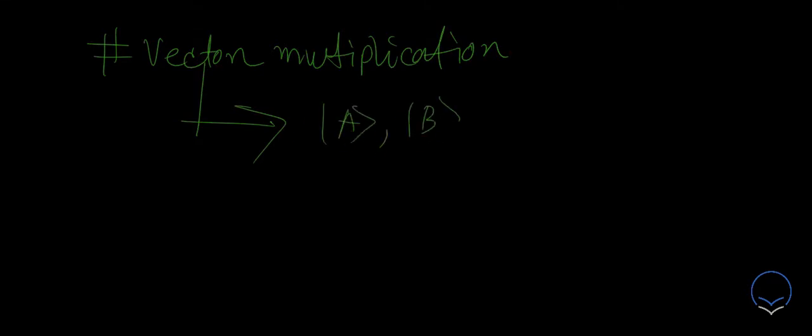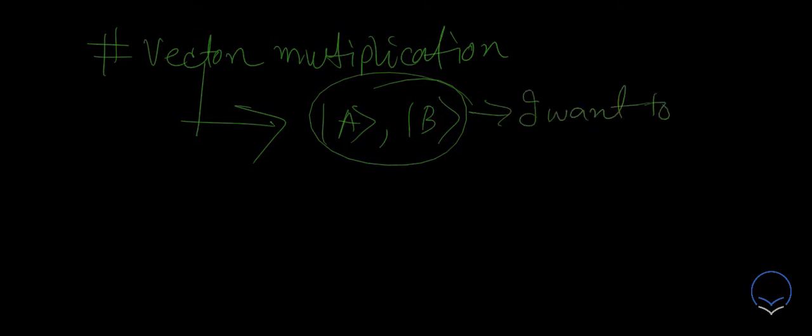Now we have seen addition and scalar multiplication. What about vector multiplication? This will be very important for us, the thing we are going to talk about now. By vector multiplication, I mean I have two vectors and I want to multiply them. Now, how can we do that?